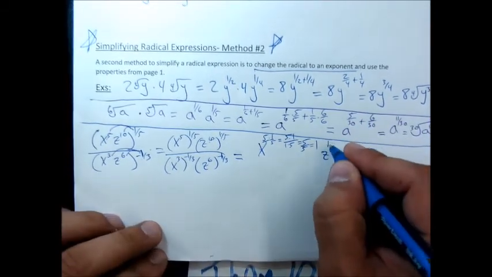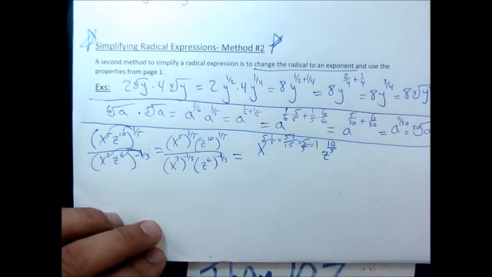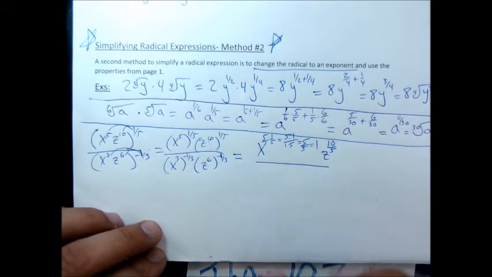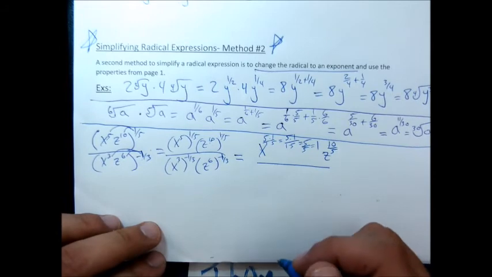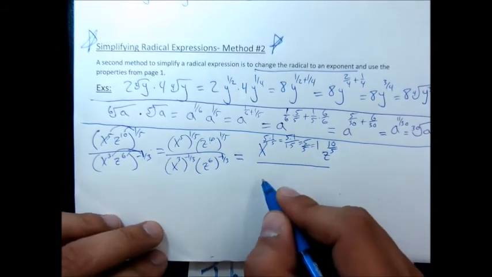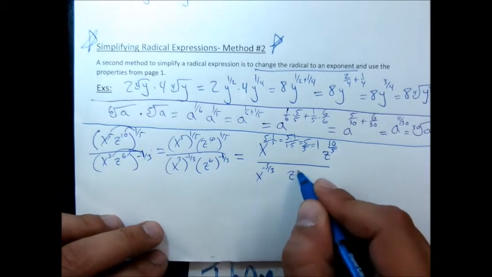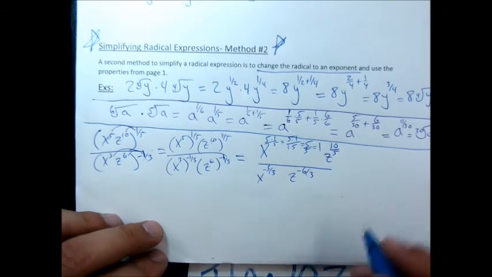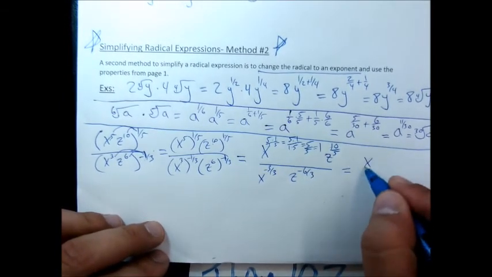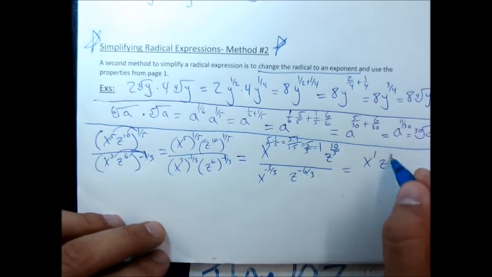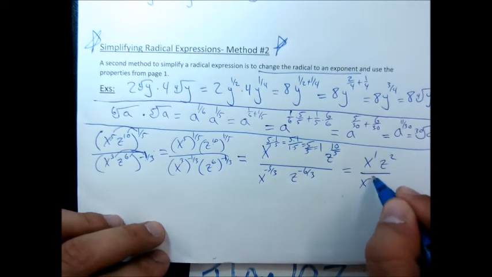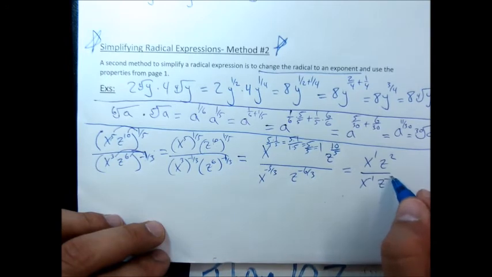It's 10 over 5, which is 2. And I'll rewrite it in just a second. And then we do the same thing in the bottom. So we'll get x to the minus 3 over 3 and z to the minus 6 over 3. And so all in all, we end up with x to the 1, z squared, divided by x to the minus 1, z to the minus 2.